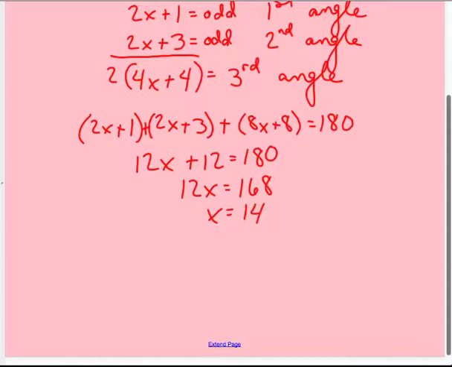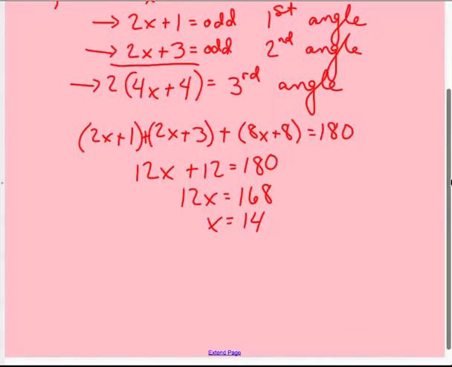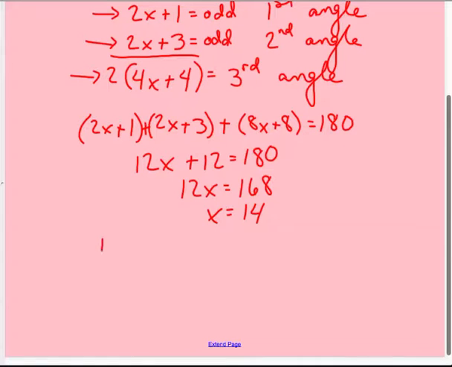Now remember, x wasn't the answer for any of my angles. First of all, 14 is not odd. Secondly, those expressions that I wrote up here will give me my three angles. So my first angle is 2 times 14 plus 1, which gives me 29 degrees.